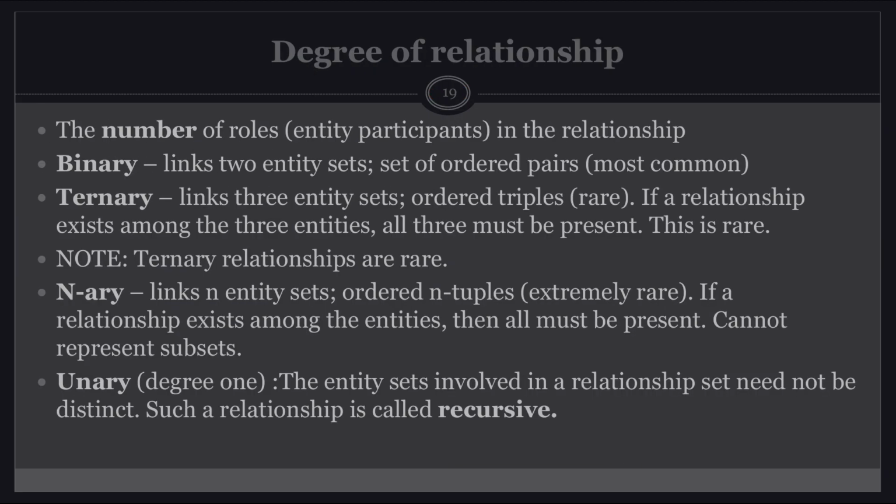The first property is going to be the degree of the relation. The degree refers to how many entity sets are participating in the relationship, okay? So a binary relation is a relation between two entity sets. The ternary relation is a relationship between three entity sets.